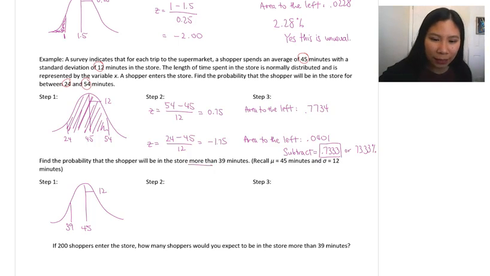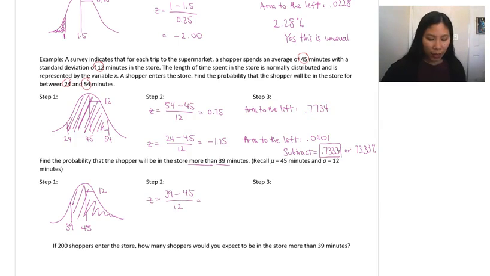And then they're asking us about more than. So more than 39 is going to be shaded to the right. Okay, so step 2 is find our z-score. So I'm going to use 39 as my x value minus the mean of 45 divided by 12. And when I do that, I get negative 0.5.